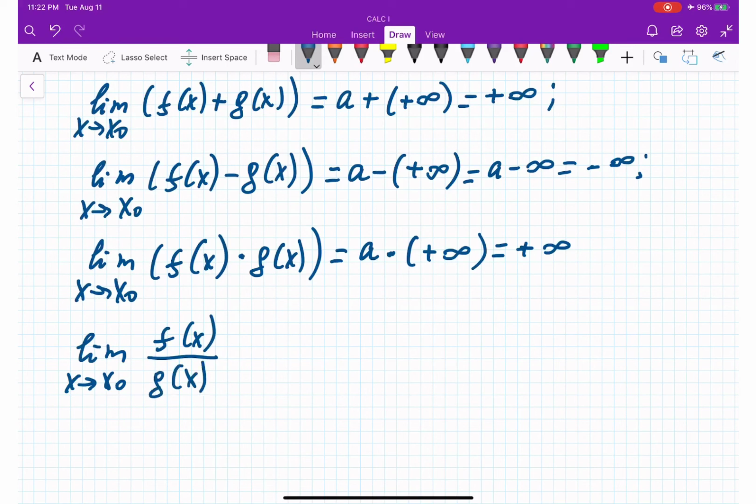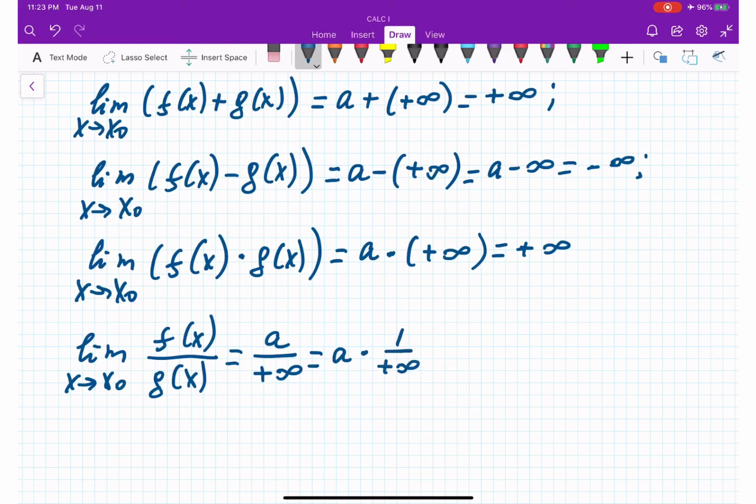The limit of f of x is a, divided by positive infinity. How do we do this case? I'm changing the notation a little bit, rewriting a times 1 over positive infinity.